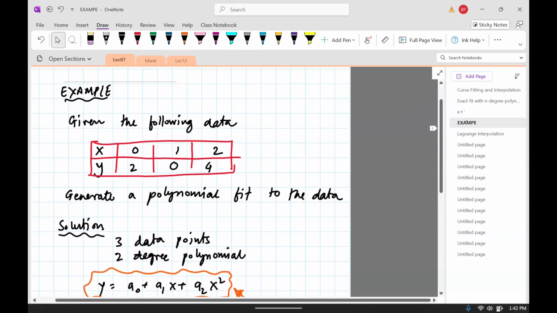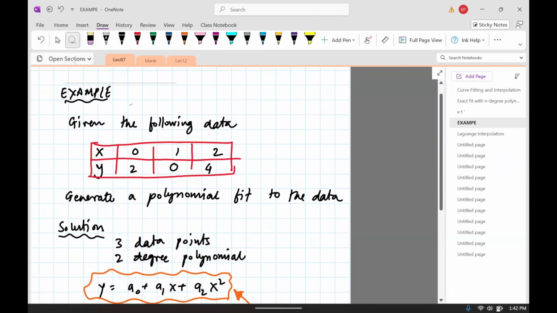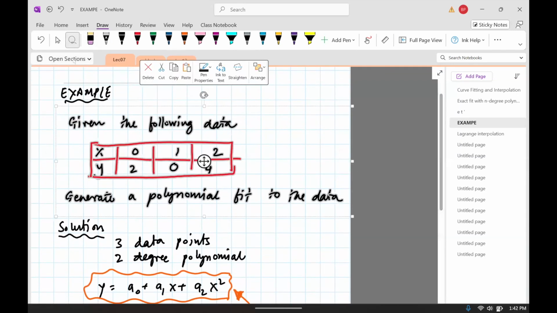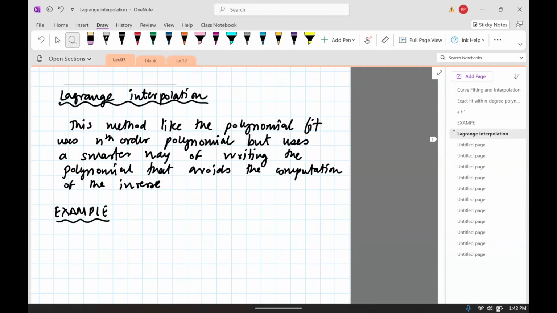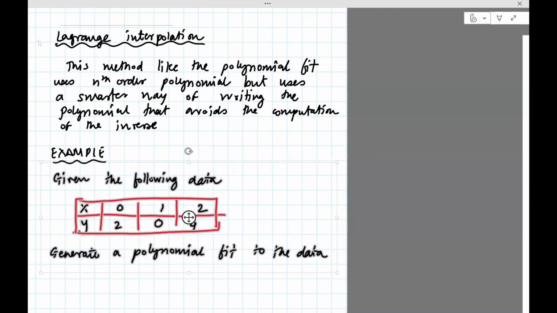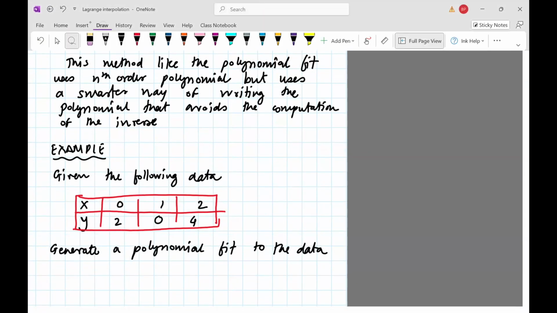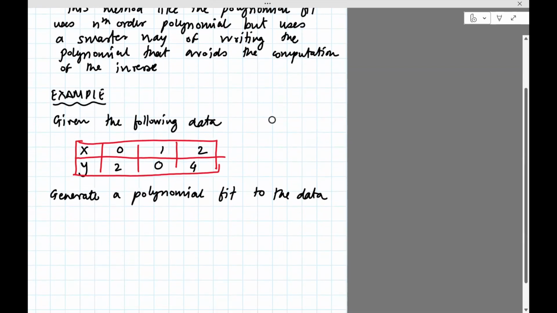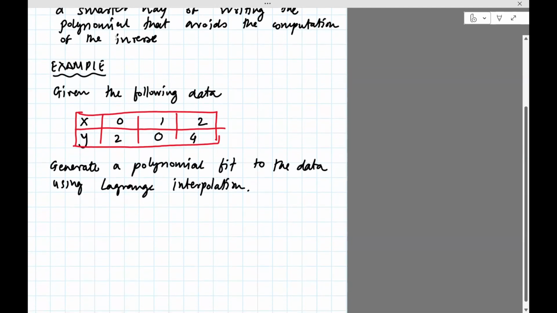So it's essentially the same problem using interpolation. Okay, so first of all, we note that we do need a second order polynomial because there are 3 data points.